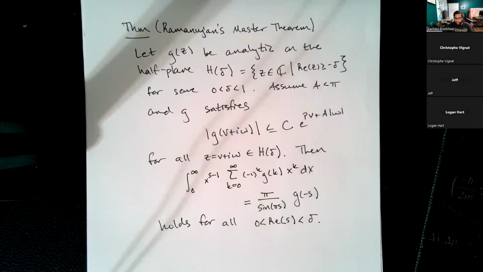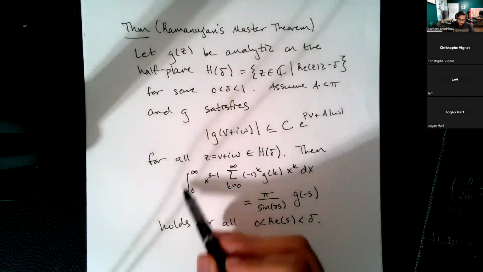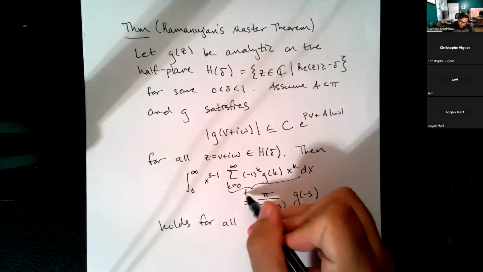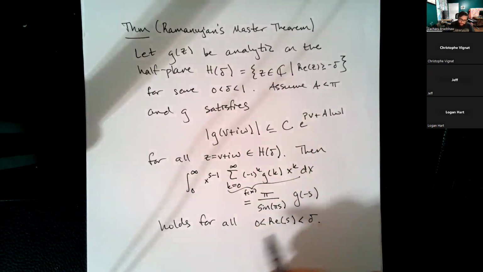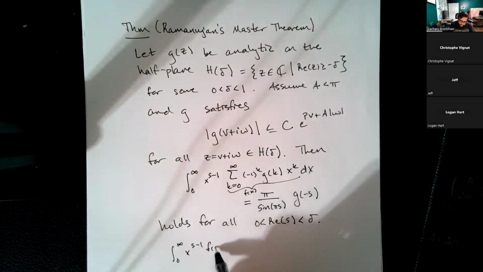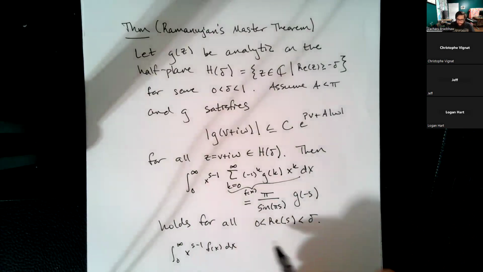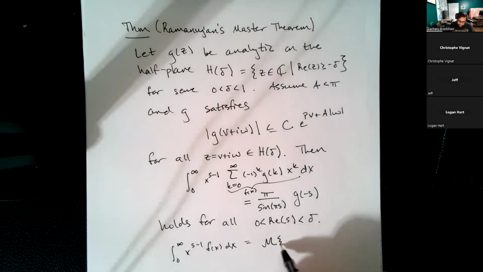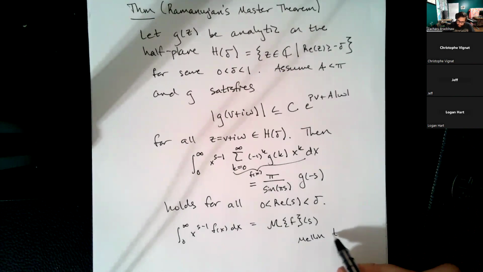Okay. So this quantity here, let's call this f for a second. This quantity is called the Mellin transform of f.